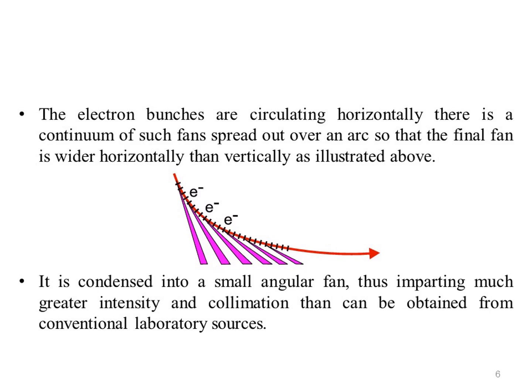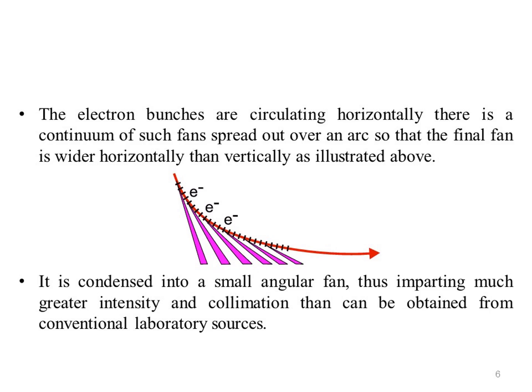However, since the electron bunches are circulating horizontally, there is a continuum of such fans spread out over an arc, so that the final fan is wider horizontally than vertically as illustrated above.